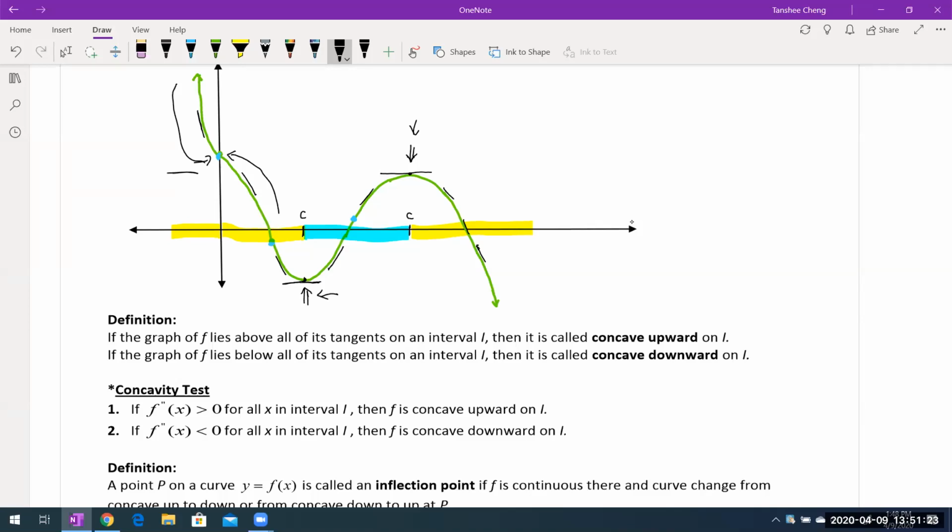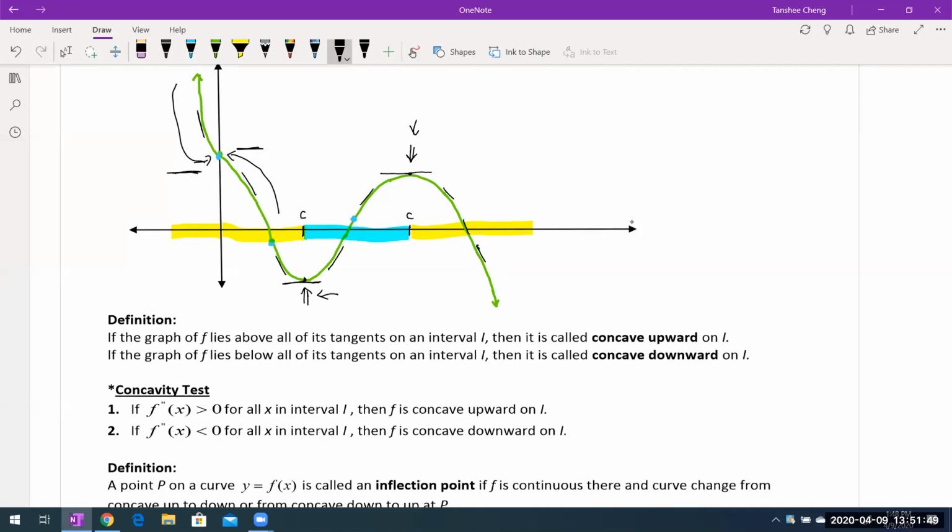So this portion is called concave up, and this portion is called concave down. And when we are trying to use the calculus approach to graph functions, these are necessary also, okay? Because that way you can clearly see whether the graph should be like this, or like this.